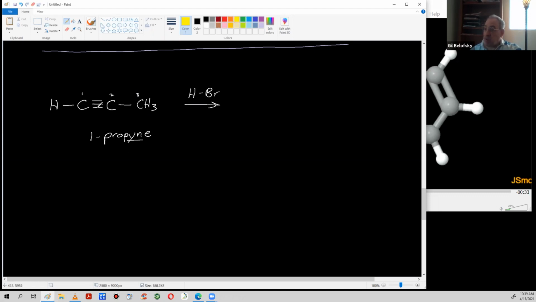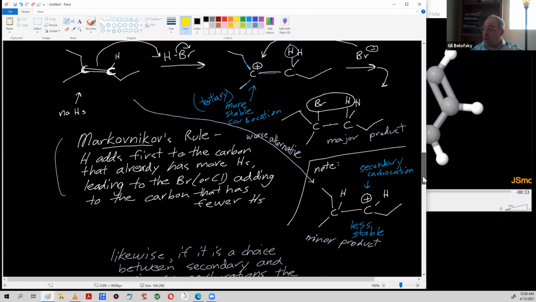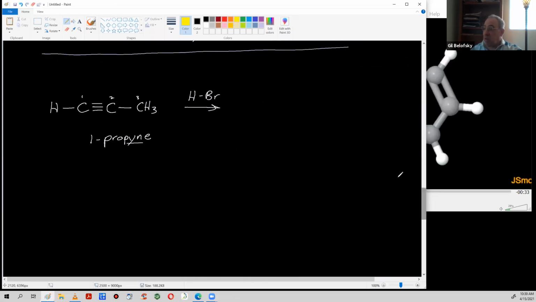I've seen it when there's an alkene, but I've never seen it with an alkyne, and so I have no idea what's going to happen. But if you go back and understand what is going on here, I think hopefully those of you present could probably predict what's going to happen. Anyone want to take a stab, interrupt me and take a stab at it?